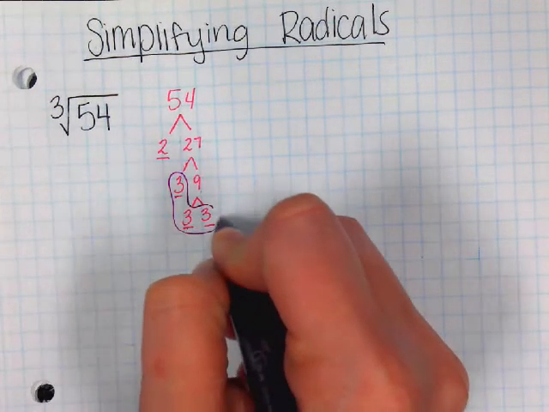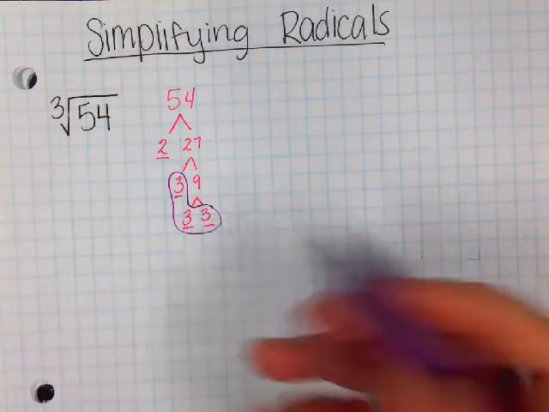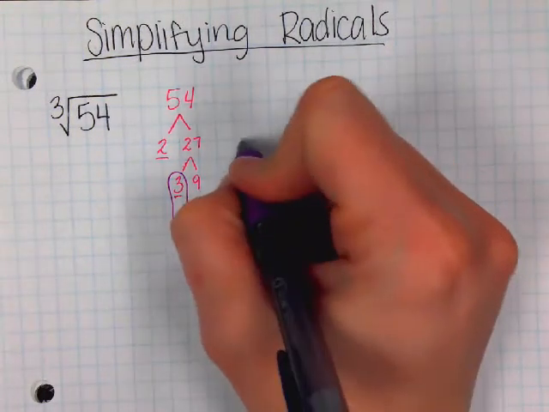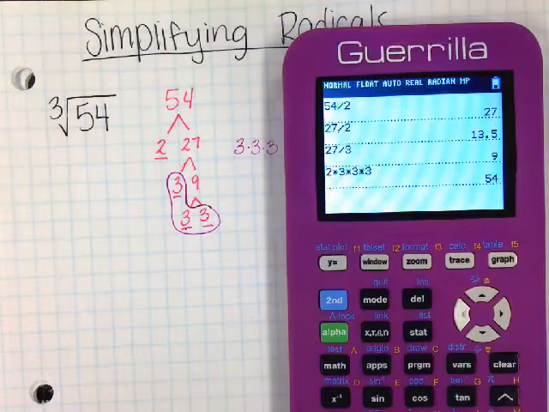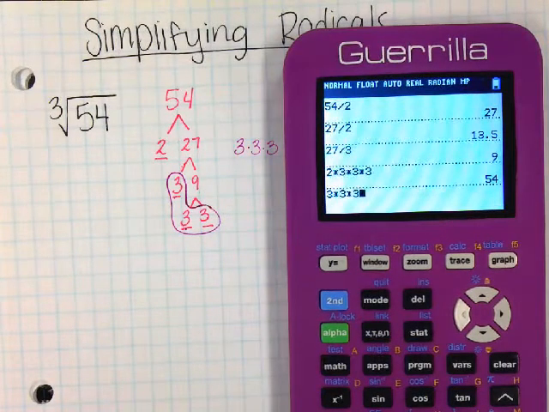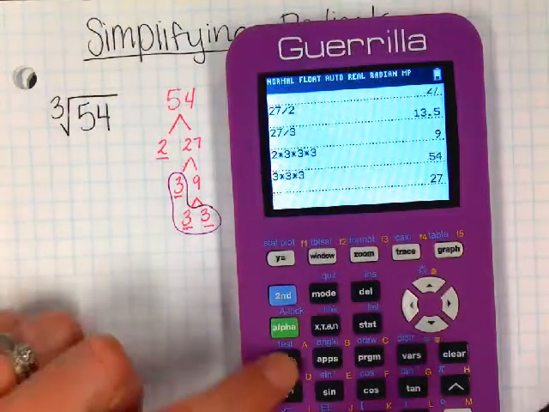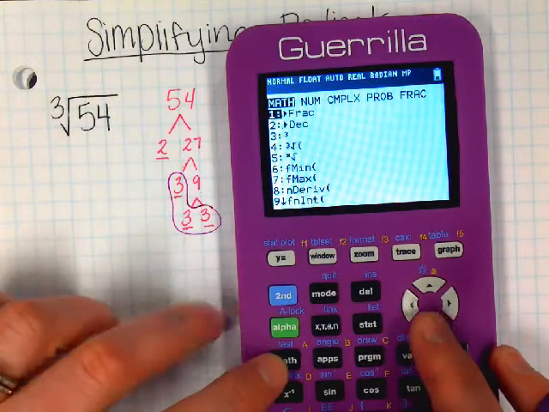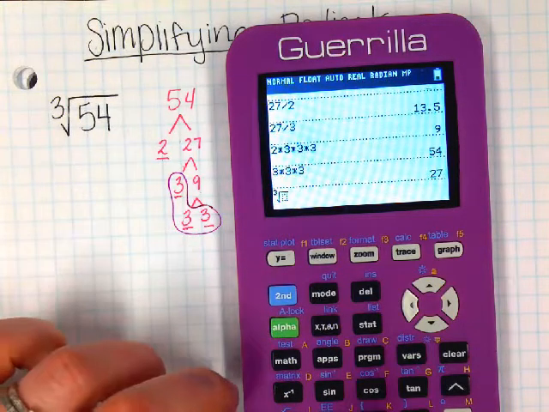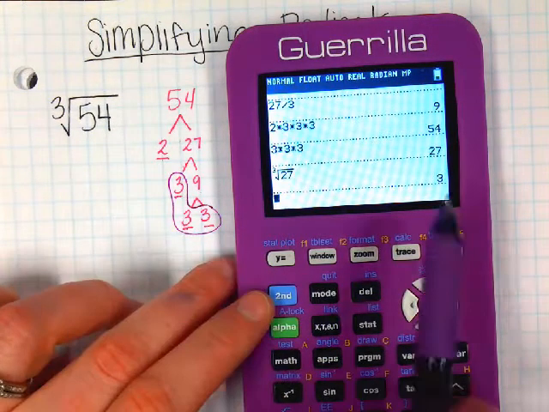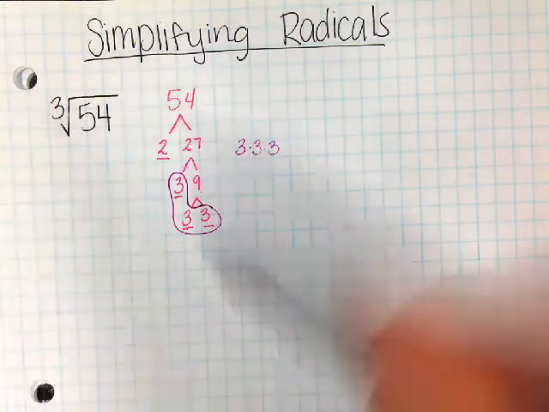Since the 3 is multiplying times itself 3 times, 3 times 3 times 3 is 27. If I were to take the cube root of 27, remember, hit Math and then go down to the number 4, it's 3, because 3 times itself 3 times is 27.